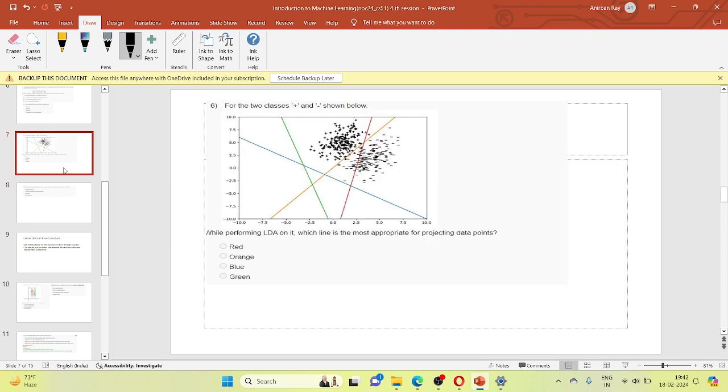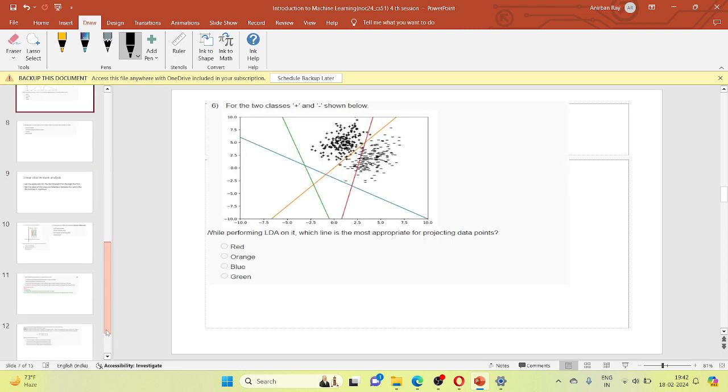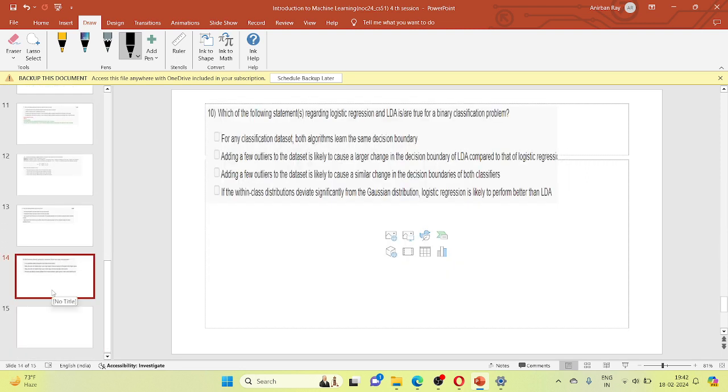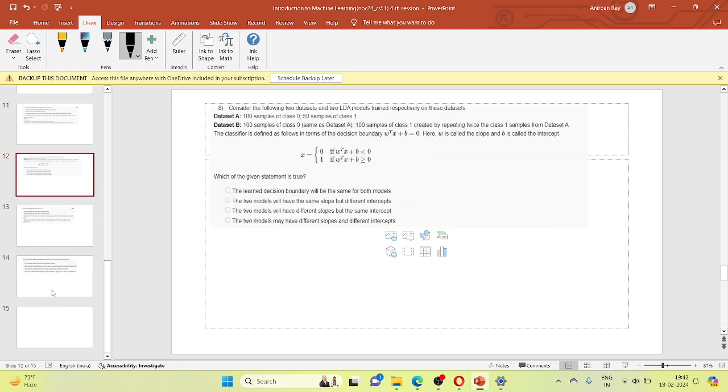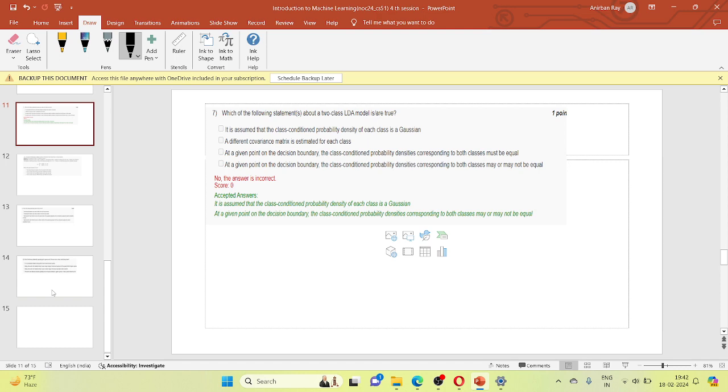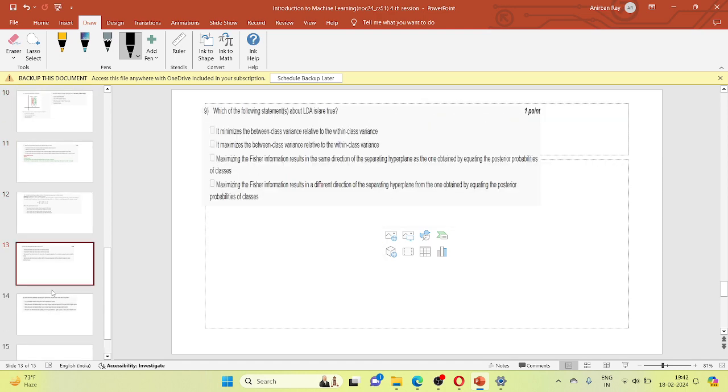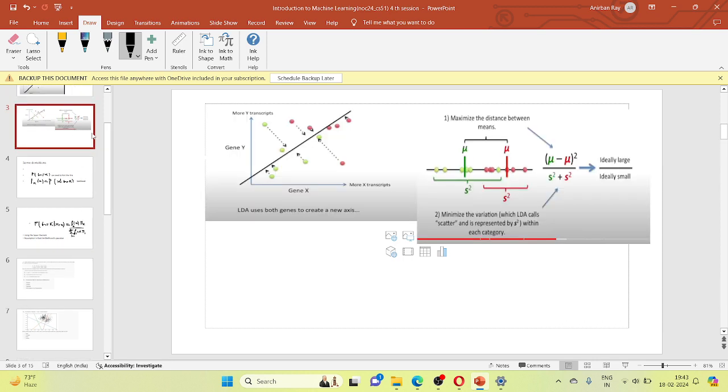If you look at this equation here, this ratio is called the Fisher information result.